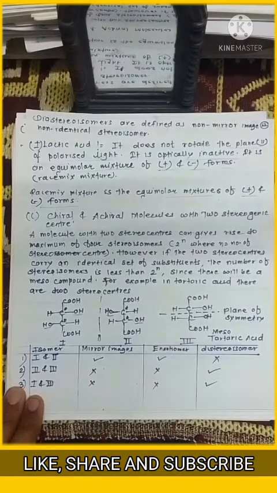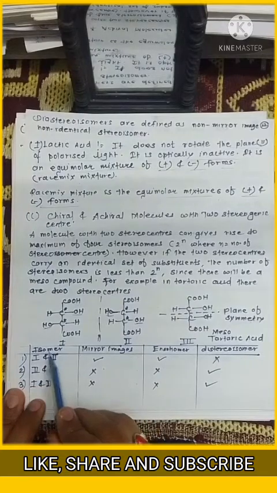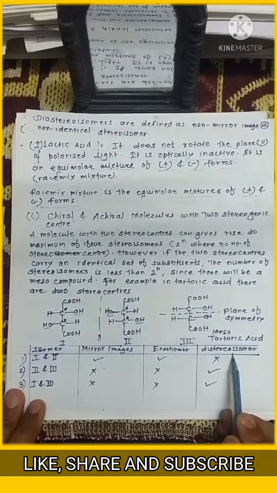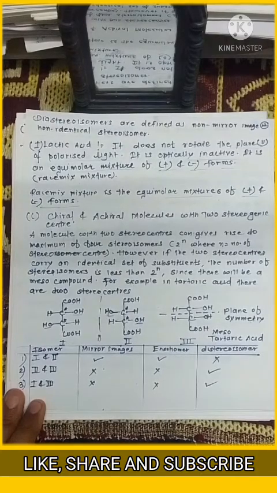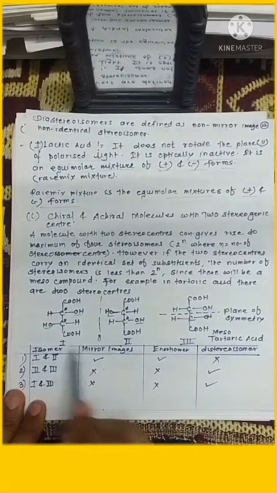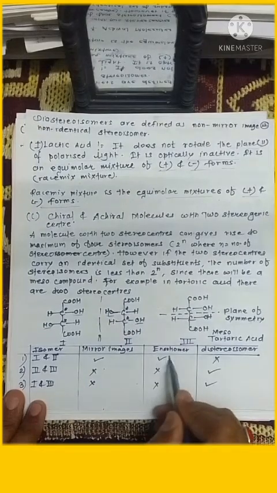Now just see, the first table is for isomer, second is for mirror image, third one is for enantiomer, and fourth one is for diastereoisomers. So just see, structure 1 and structure 2 are mirror images of each other, that's why they are called enantiomers.